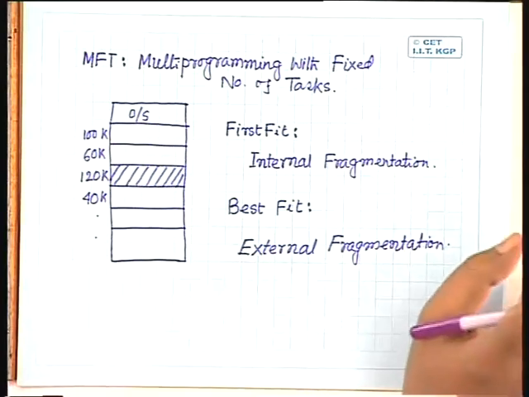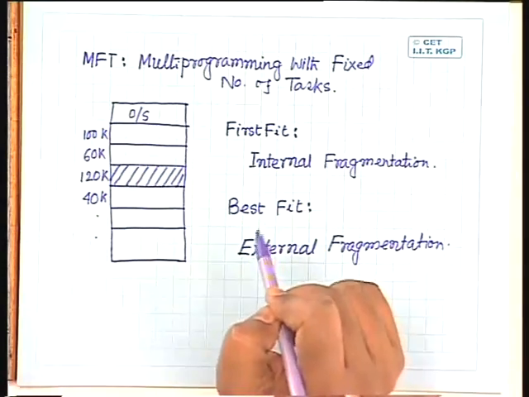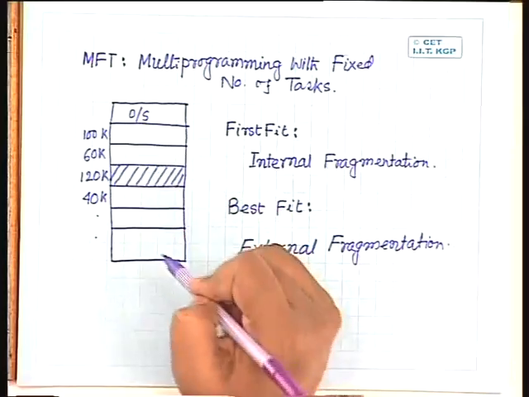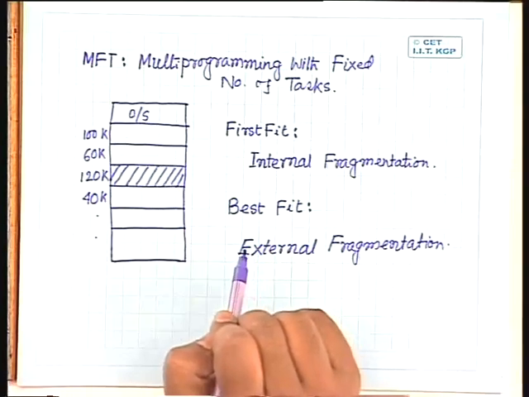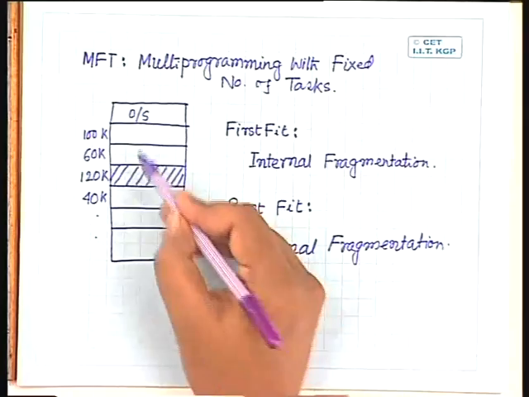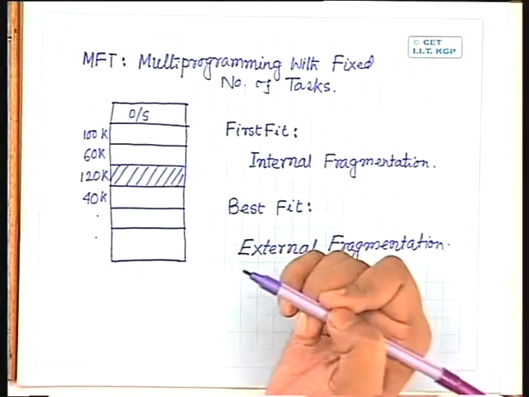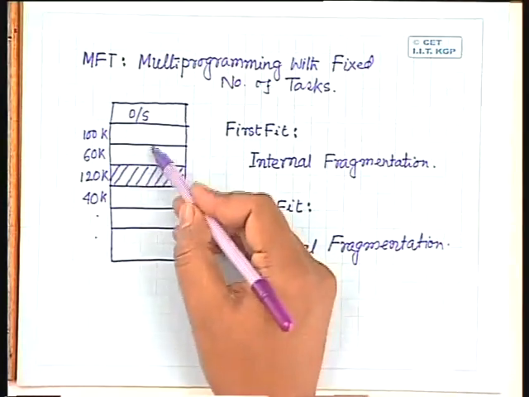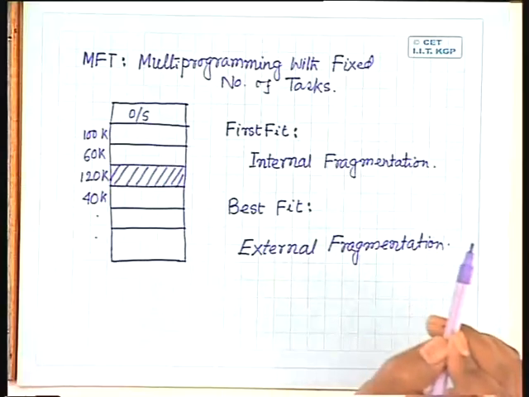So though I have a job to be executed, and a number of partitions which are free, this job cannot be fitted into any of these partitions, because the size of all these partitions is less than the amount of memory that is needed. Again this is a fragmentation, because I consider this as memory wastage. The total amount of memory is more than the size required, but I cannot fit the job because the size of every partition is less than the size required.